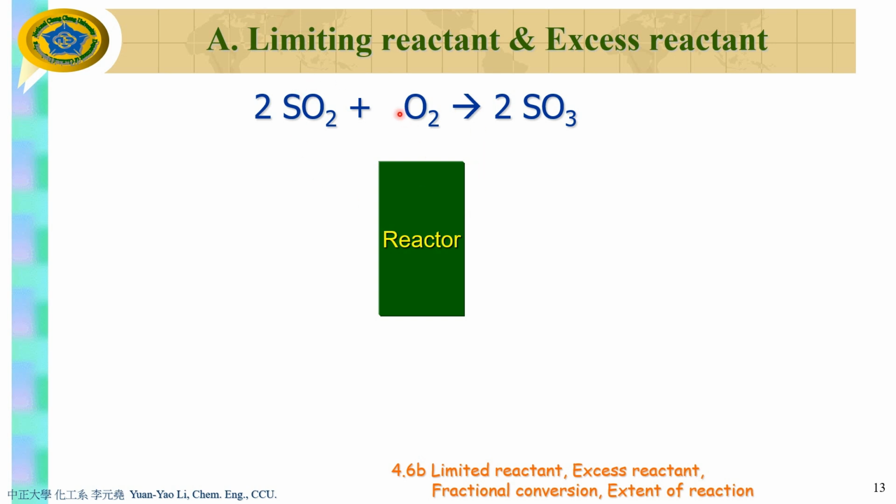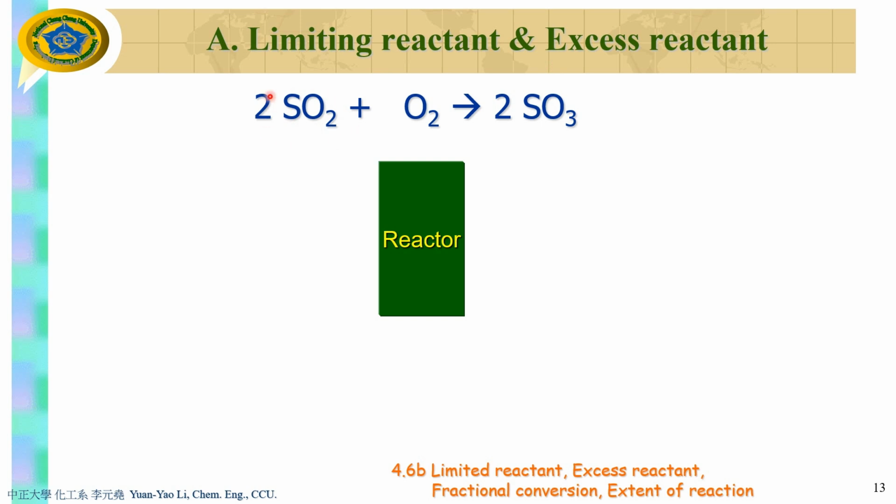Because if you pump air into this reaction, the air contains 21% oxygen, so oxygen will be the excess reactant. Intuitively, you will think oxygen should be the excess reactant, and SO2, sulfur dioxide, will be the limiting reactant.